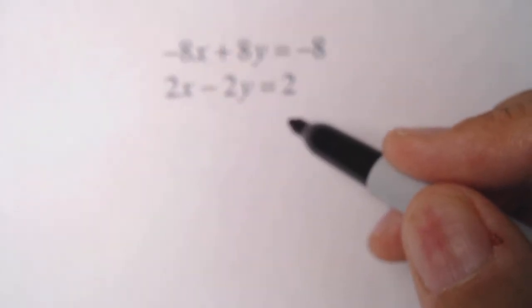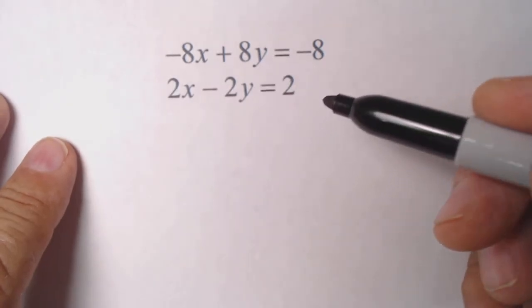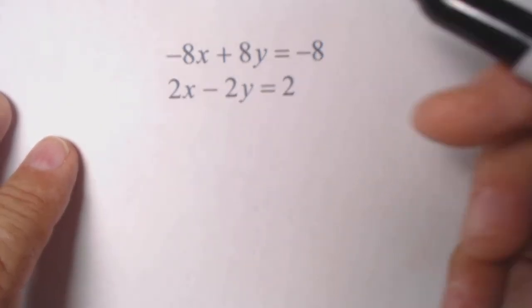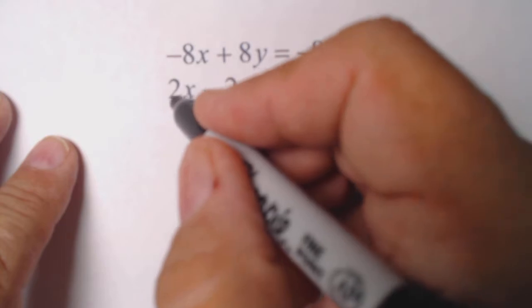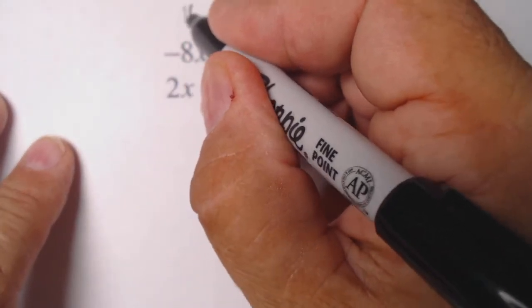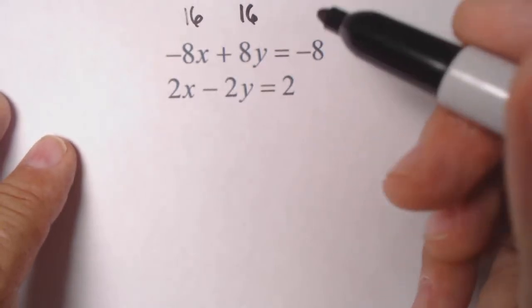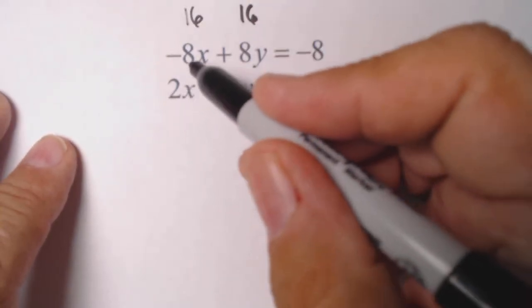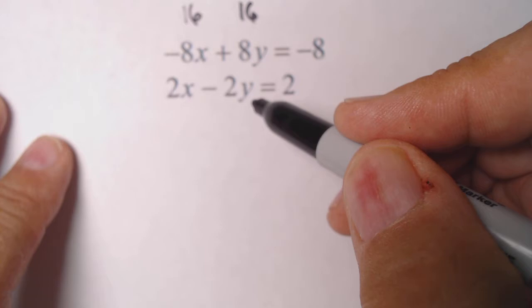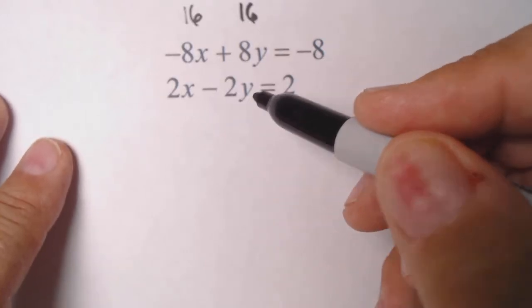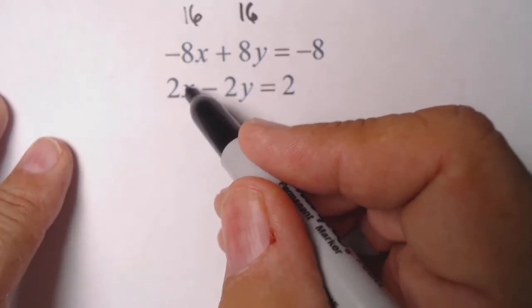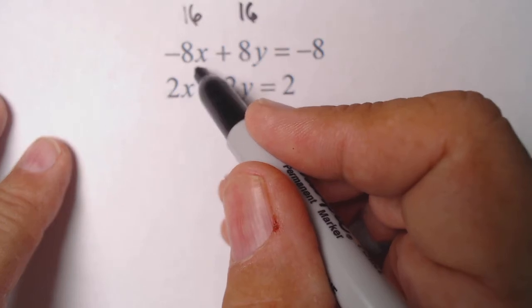And again, what we'll see as we solve this is that the variables will disappear on us. Okay, well, here it goes. Both these guys have the LCM of 16. Not surprising. And we can eliminate either x or y here. Let me just eliminate the x's here that are out in front.